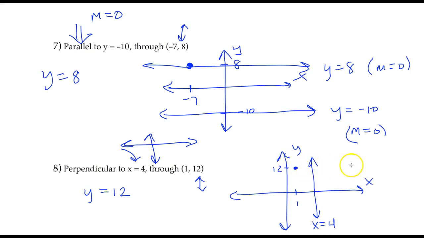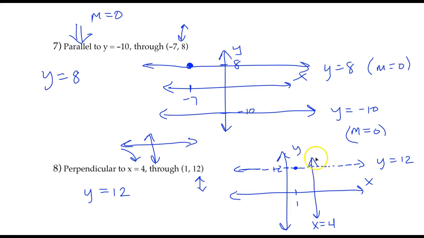Perpendicular means it's going to intersect at a 90-degree angle, which looks like this. Notice that the line is horizontal and the point (1, 12) is here. The one thing that is the same about every point on this horizontal line is that its y coordinate is 12.